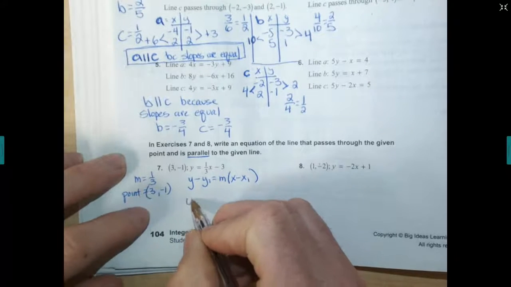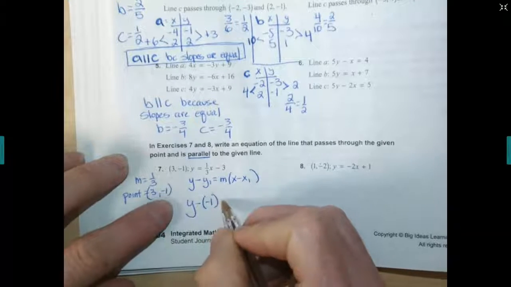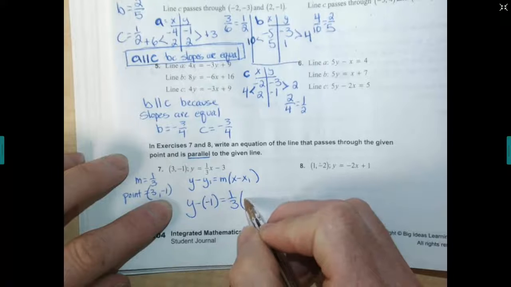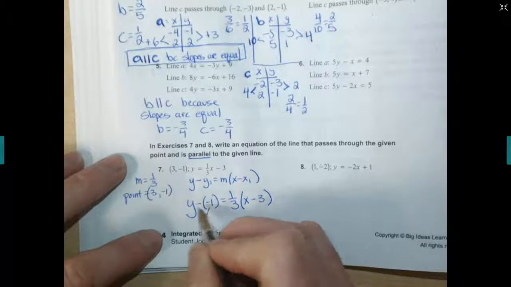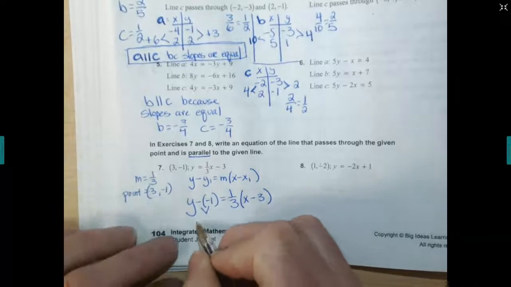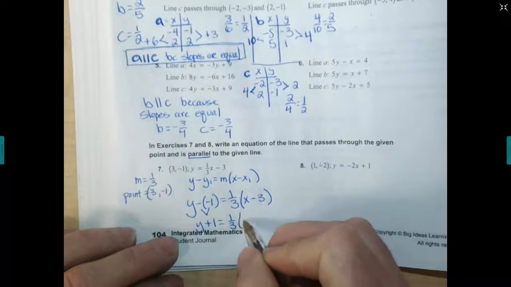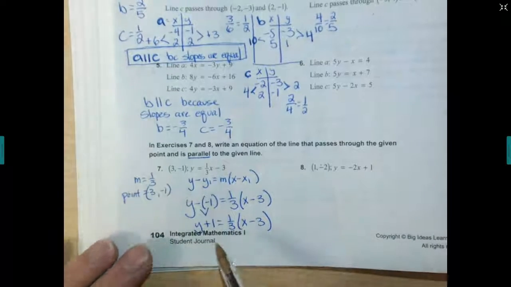So y minus -1 equals our slope times x minus 3. A negative and a negative equals a positive, so y plus 1 equals 1/3 x minus 3. There we go. You just wrote an equation in point-slope form.